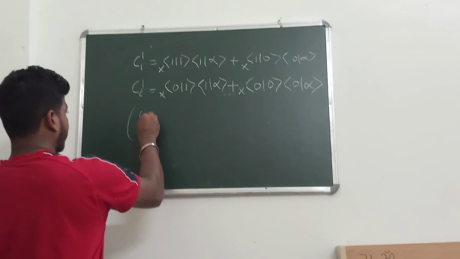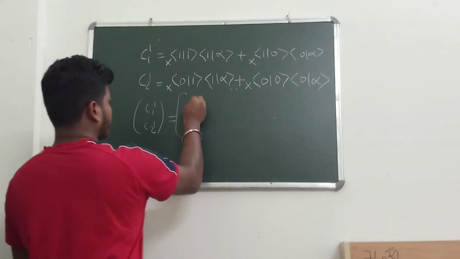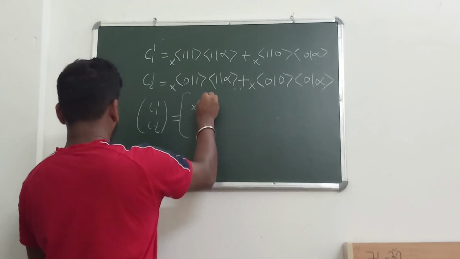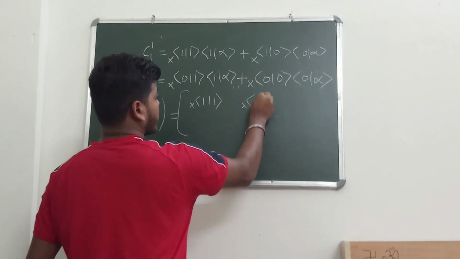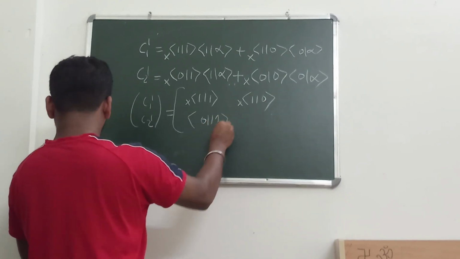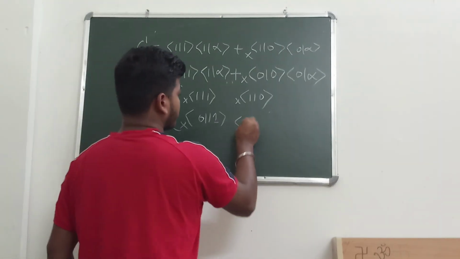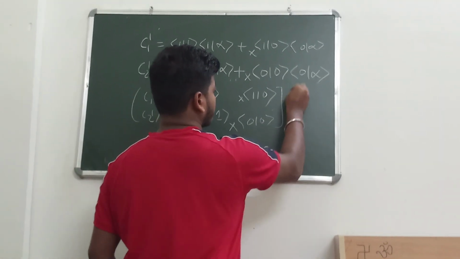Now I can write in matrix form C1 prime, C2 prime, that is equal to the summation x 1 1, x 1 0, 0 1 x and 0 0 x, times C1, C2.